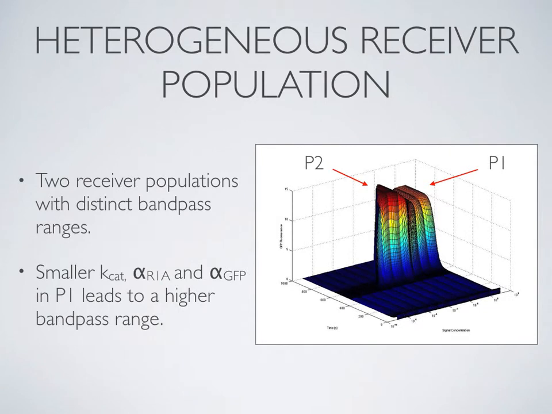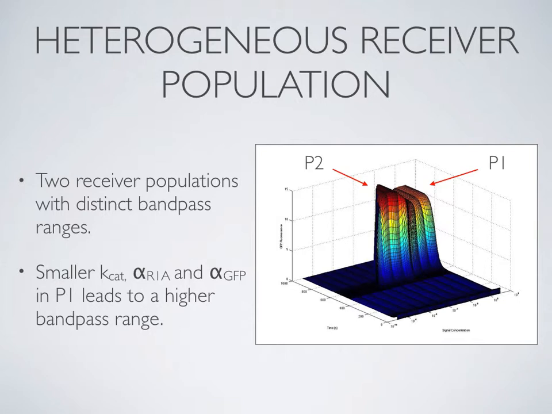Now, this slide really shows the meat of the presentation. This has 2 receiver populations and thus is a heterogeneous receiver population. Now, the differences between these populations is that they have different bandpass ranges and accept different levels of intermediate signal in order to fluoresce. Here I've labeled them P1 and P2 for population 1 and 2.